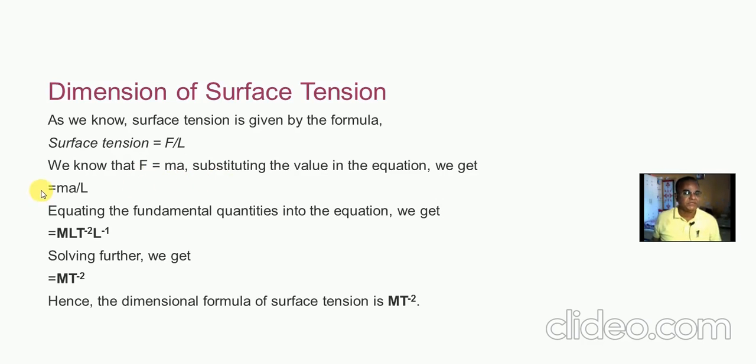Therefore, surface tension T is equal to m into a divided by L. Using the dimensions of mass, acceleration and length L: mass is M raised to 1, acceleration is L into T raised to minus 2, and divided by L, that means L raised to minus 1. Solving these terms, L raised to 1 and L raised to minus 1 get cancelled, and we have M into T raised to minus 2 as the dimensions of surface tension.